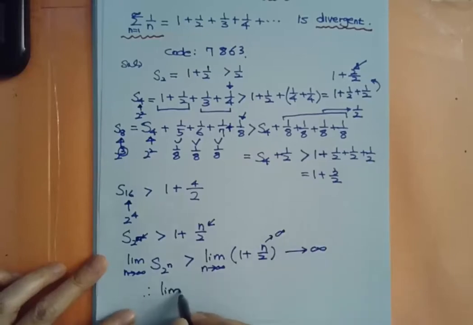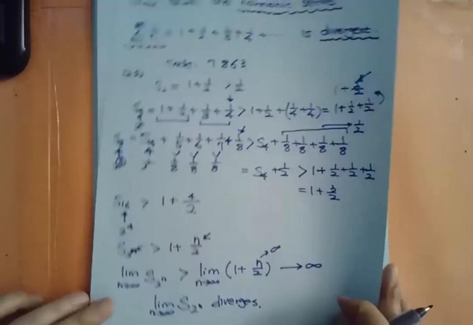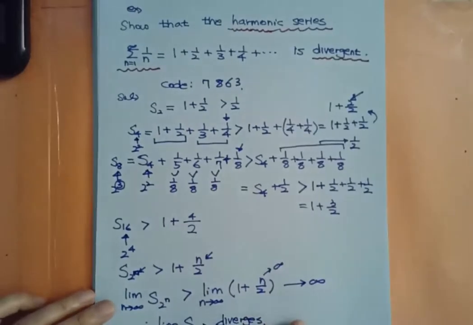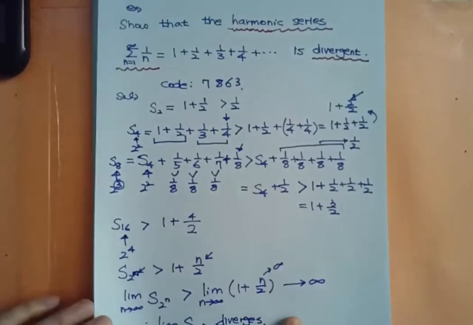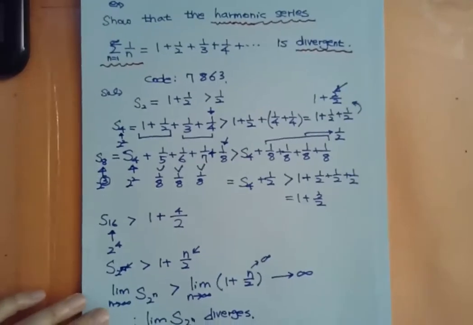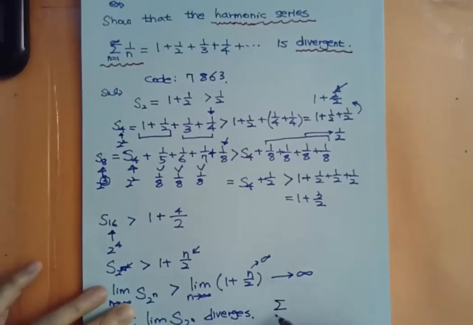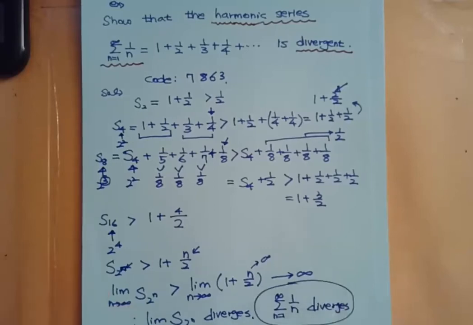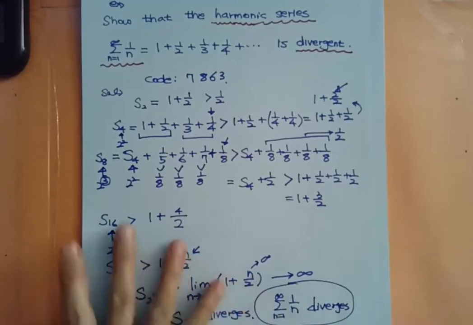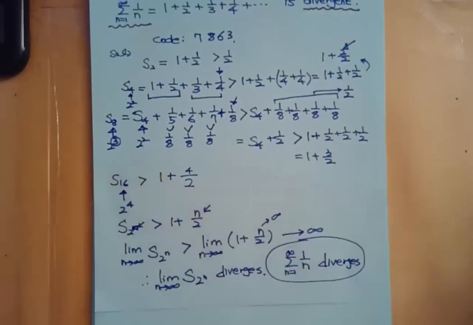So the limit as n goes to infinity of S sub 2 to the n diverges. So this subsequence of the partial sums diverges. That implies the sum from n equals 1 to infinity of 1/n diverges. Any questions?